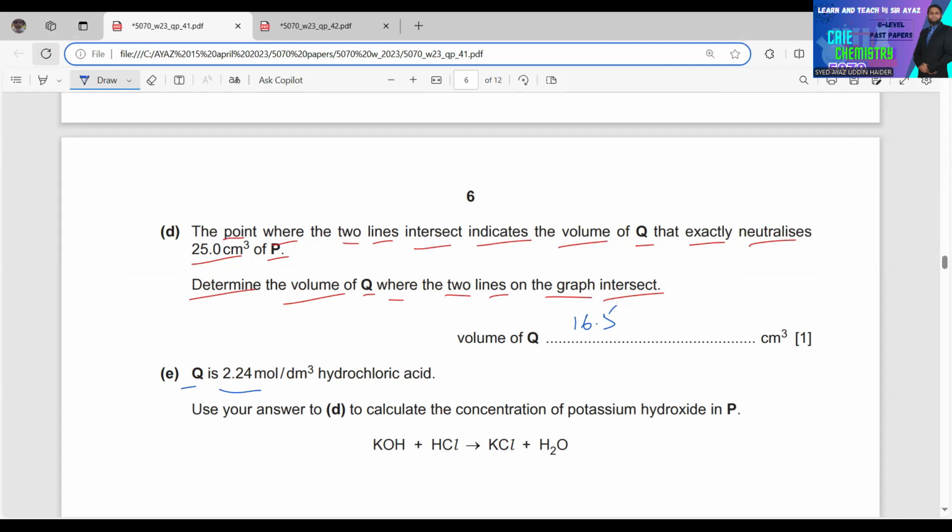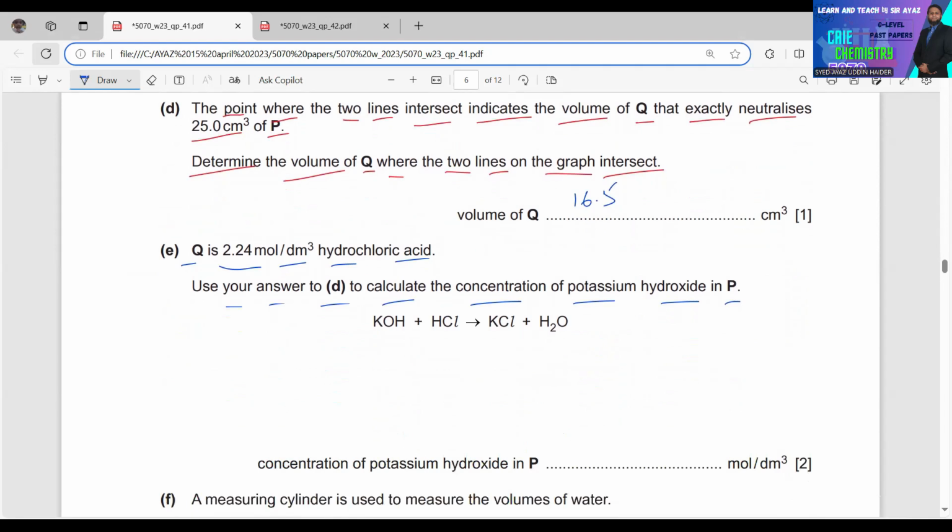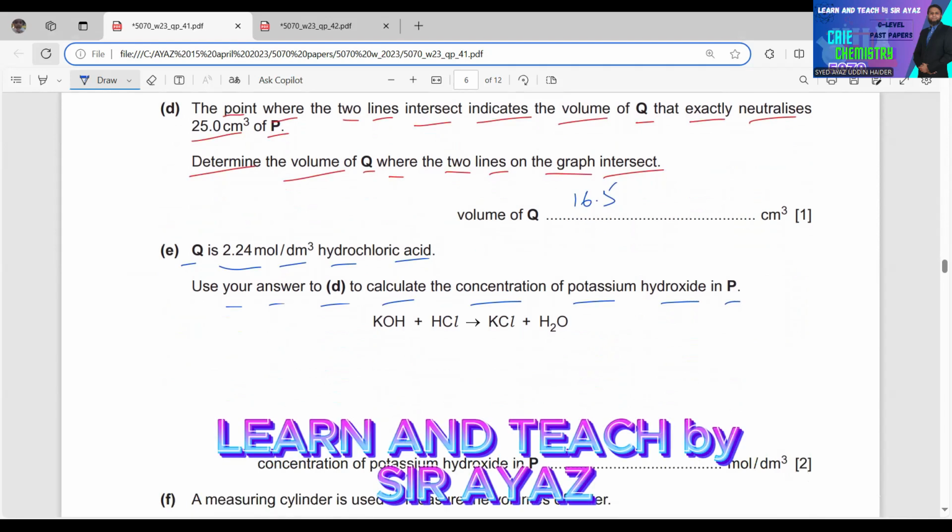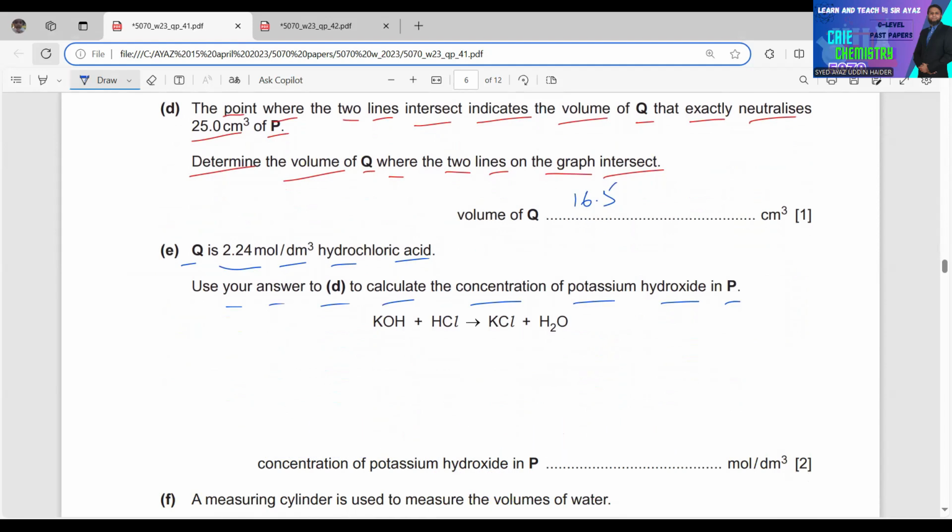Q is 2.24 mole per dm cube hydrochloric acid. Use your answer to D to calculate the concentration of potassium hydroxide in P. Now for hydrochloric acid, first of all, we'll calculate the moles of hydrochloric acid in the volume we have calculated.